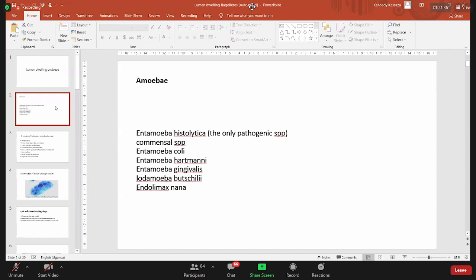The commensal species include the Entamoeba coli, Entamoeba hartmanni, Entamoeba gingivalis, Iodamoeba bütschlii, and Endolimax nana.